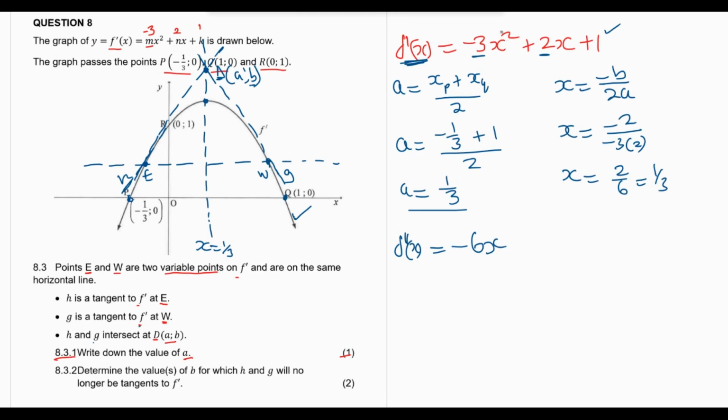We said 2 times -3, then x to the power 2 minus 1, and then plus 2. If we derive 2x, we get 2. And then this is equal to 0. So -6x is equal to -2. Divide by -6 on both sides of the equation. x is equal to 1/3. See that? We're getting the same answer here. So A is equal to 1/3.